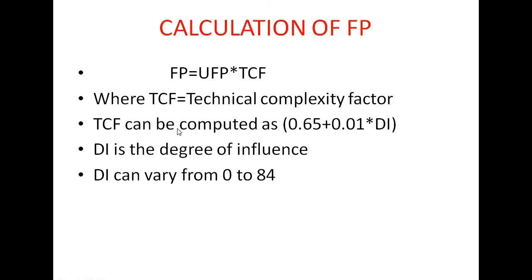And what is the value of TCF? TCF value is 0.65 plus 0.01 into DI. What is DI? DI is nothing but degree of influence and its value ranges from 0 to 84. Okay, so in this way you can calculate the function point for a software.